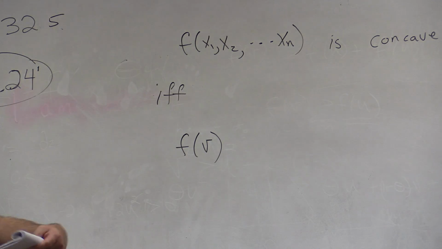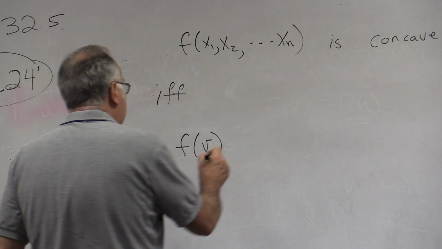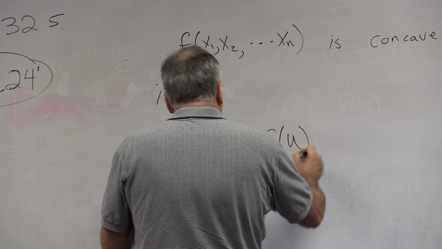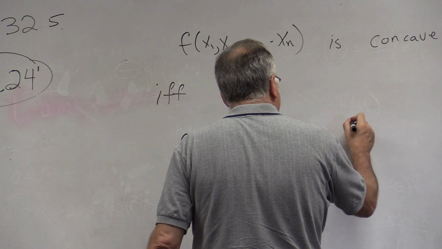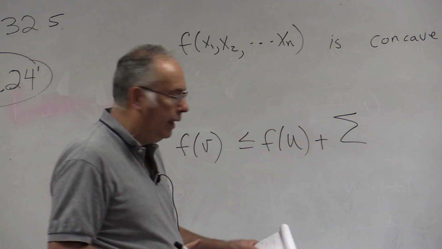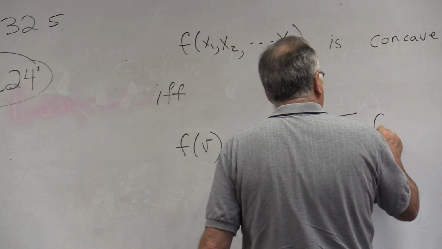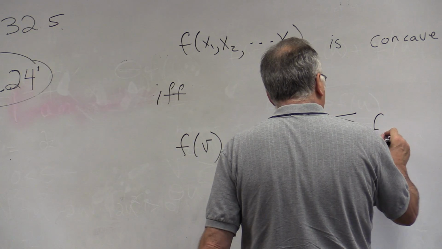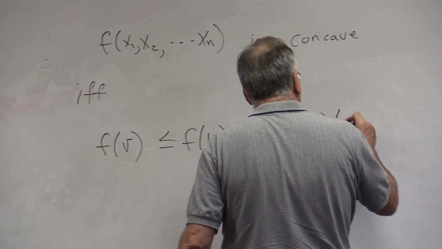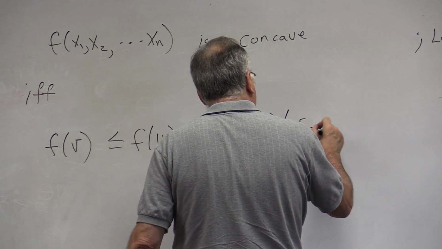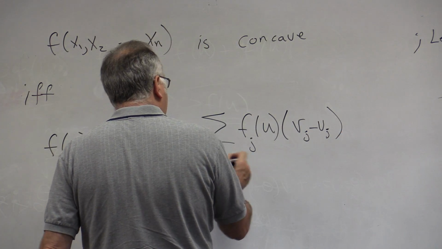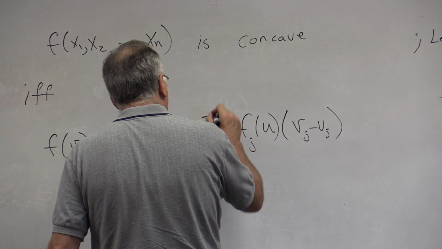F of v is less than or equal to f of u plus the summation of all the partial derivatives, f sub j, that's the jth partial derivative, evaluated at u, times vj minus uj. Okay. From j equals 1 to n.